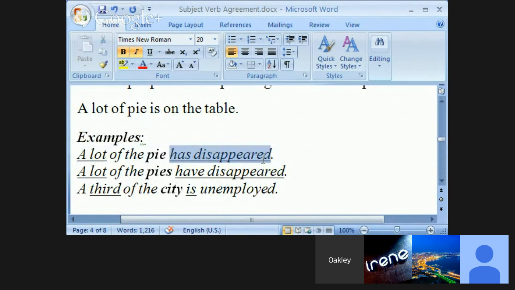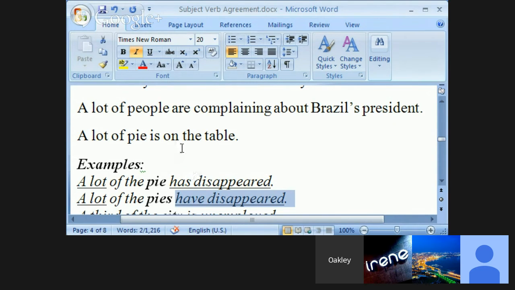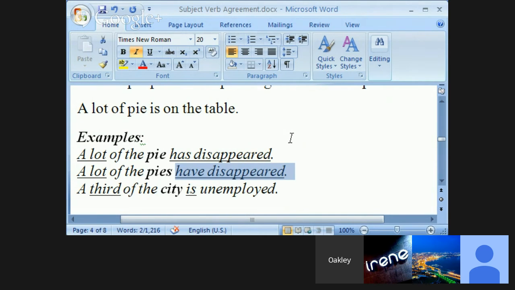Singular. It has disappeared. Singular. A lot of pies. You can use a lot with pies. A lot of pies have disappeared. A lot of pies are on the table. Exactly. That's it. You got it.